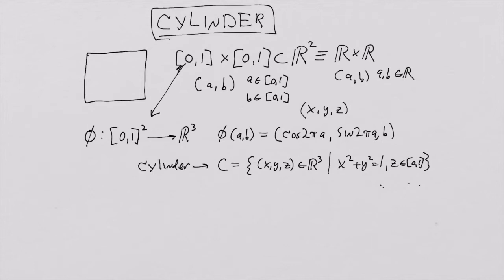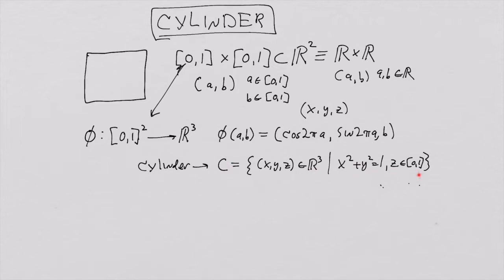So the name of the game, because we want to show that the cylinder is actually a quotient space of something, is we need to show that this set is homeomorphic, or, well, it can't be homeomorphic. Why can't this be homeomorphic to anything? It's because it's not a topological space yet. All it is is a set.